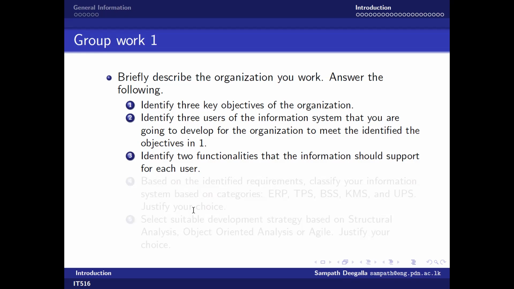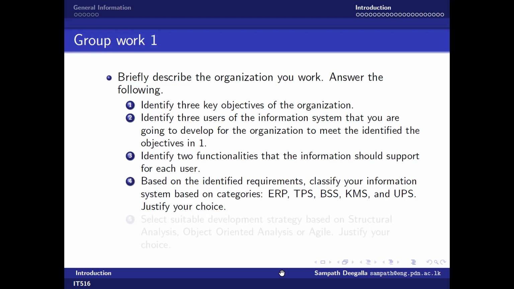For example, as a lecturer, we teach our students, so for teaching we need some information. Another function is helping the students select their stream, and for that we also need some information. So identify 2 functionalities that the information should support for each user.